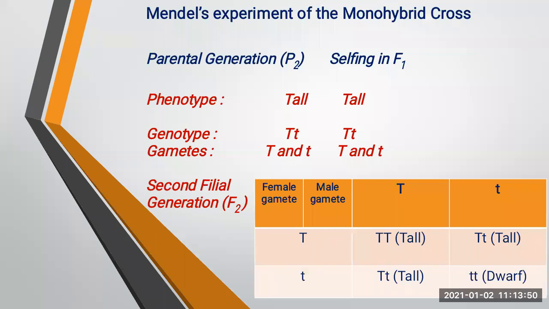Two types of genes are present in this. Though they are tall, they also have the character for recessiveness. And the last one, in the fourth column, is small t small t, that is dwarf. So these are again pure recessive, and they are also homozygous.